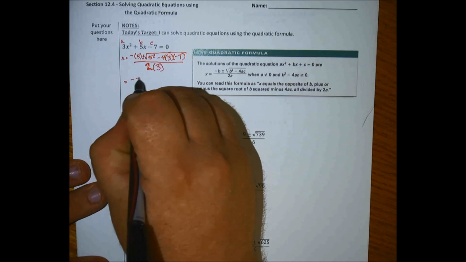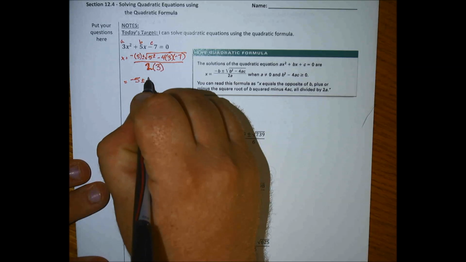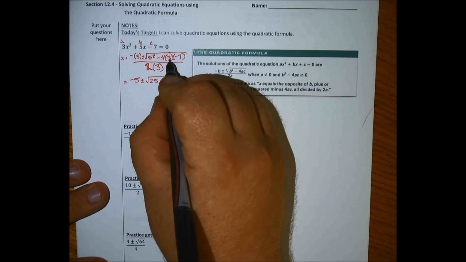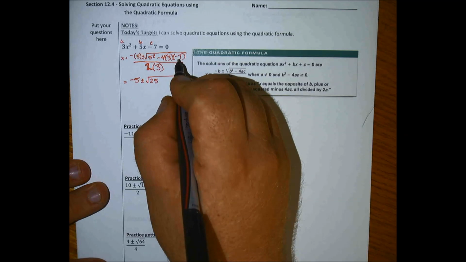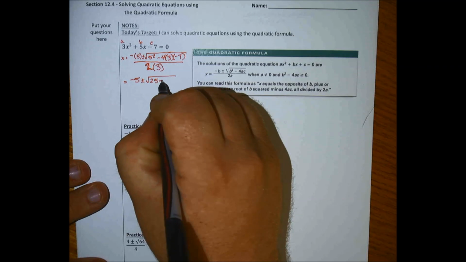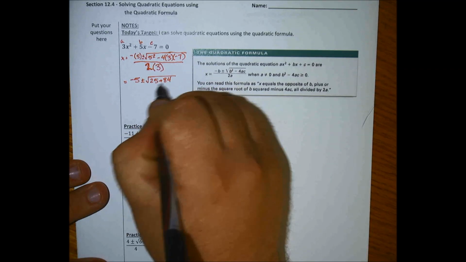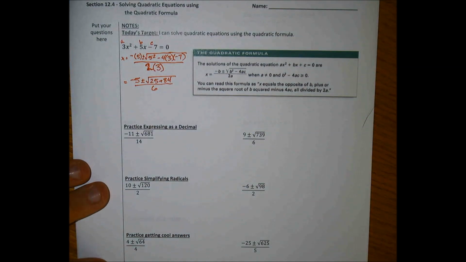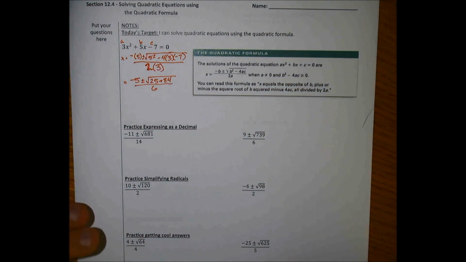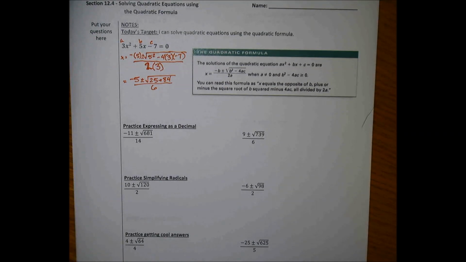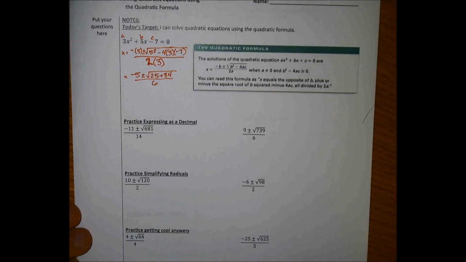So it's just negative 5 plus or minus 5 squared is 25. 4 times 3 is 12, times 7 would be 84. And since that's a negative 7 and that's a negative 4, we're going to have plus 84, all over 2 times 3, which is 6. So as you can see, I'm doing multiple things at once, and that's really the only way to survive and not have a problem that takes up a page once it's all said and done.